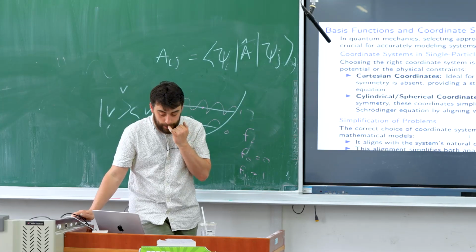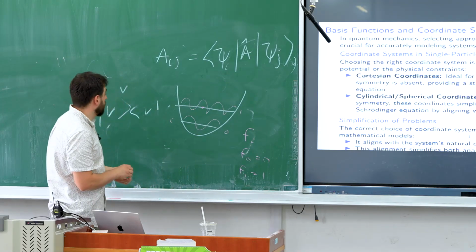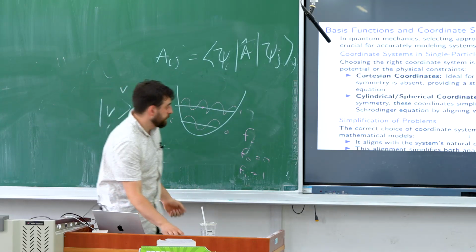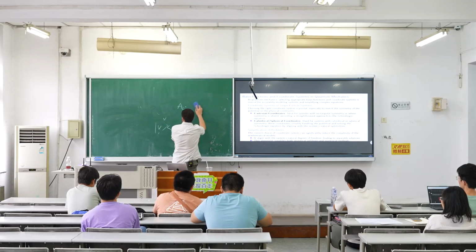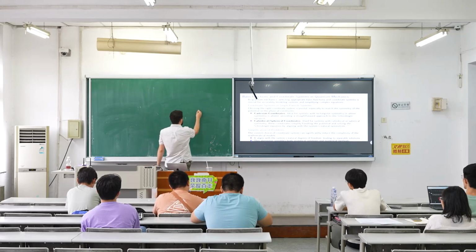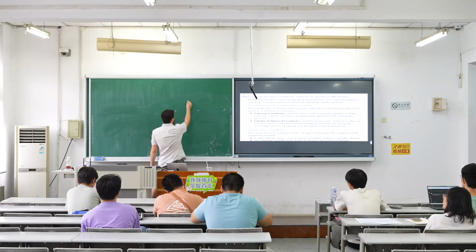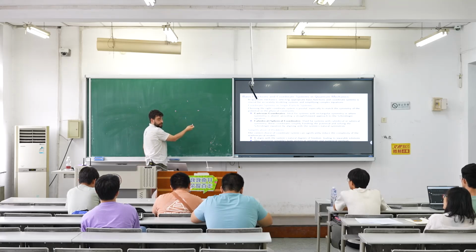An example of this is if we have some atomic centers, say we've got 3 of them. Each one of these represents a nuclear Coulomb potential.